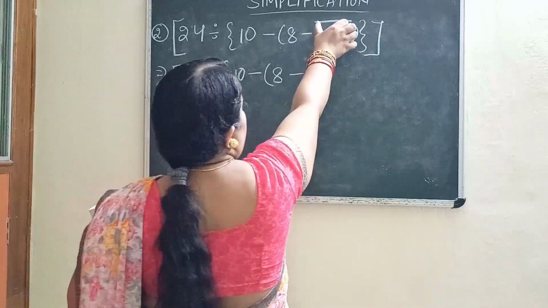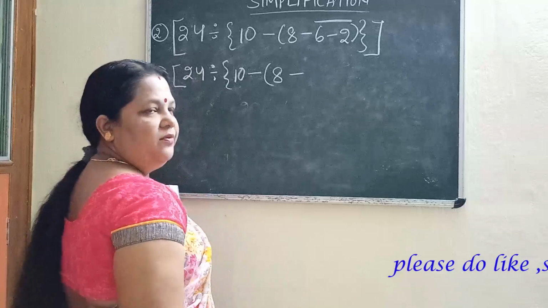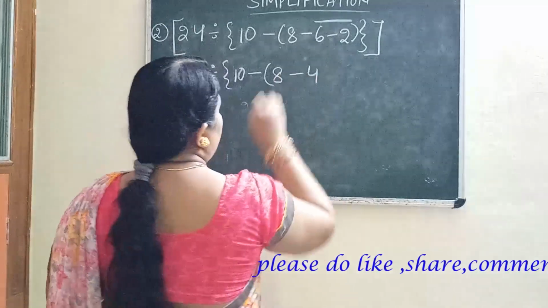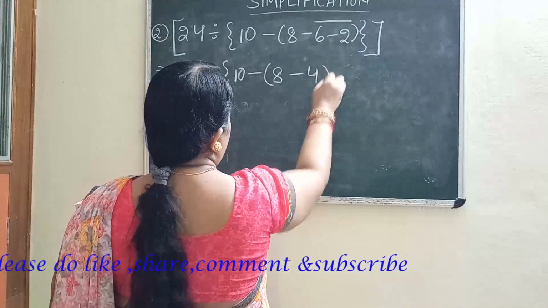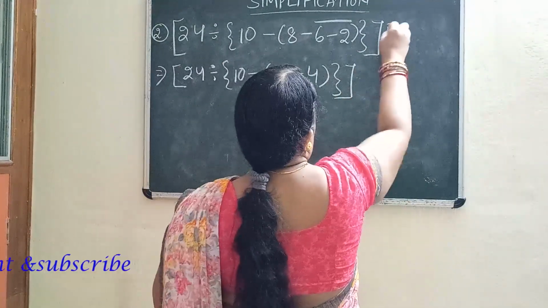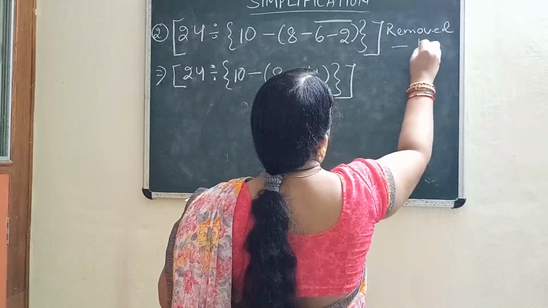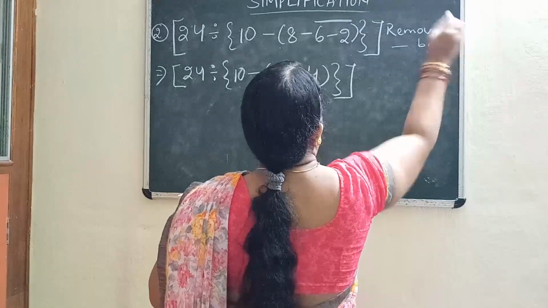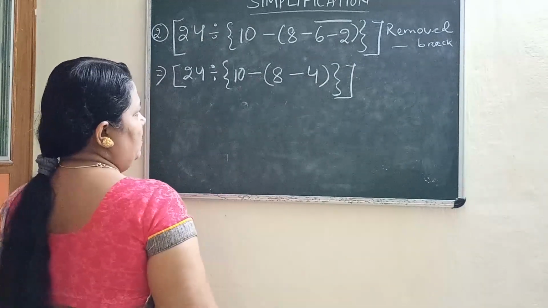So we have to open this bracket, meaning we have to solve this. 6 minus 2, how much? 4. So directly you can put the value 4. That means this bracket is removed. Now put all 3 brackets and write here removed bar bracket. This first step is over, one bracket is over.